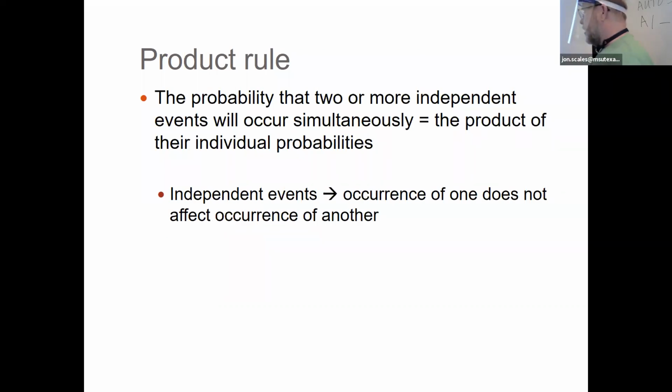So we already have used the term independent assortment, right? So in Mendelian genetics, we've already used the product rule when we talked about the independent probability of being a phenotype like tall and yellow for the peas, right? So two independent phenotypes, we would calculate the occurrence of that using the product rule.